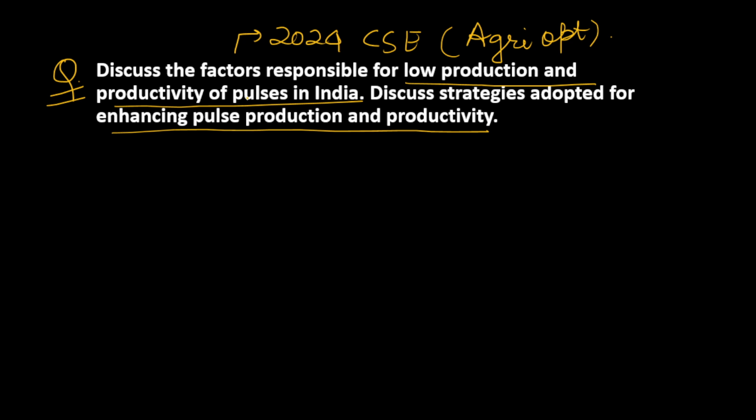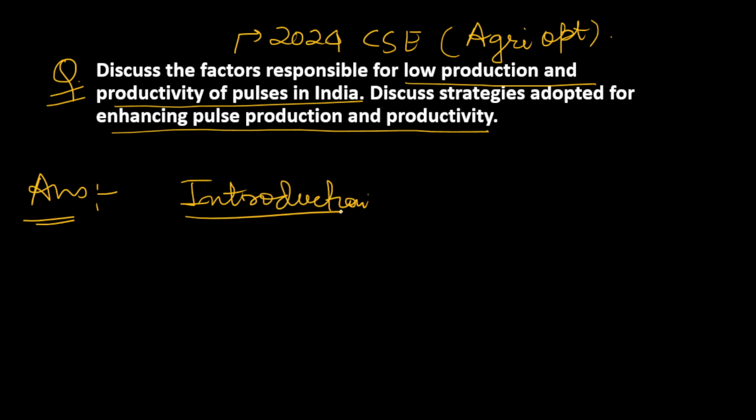So let's start. You can introduce by writing something about pulses, such as how pulses are good for our health, how they can enhance environmental sustainability, and how they can be helpful in sustainable development.